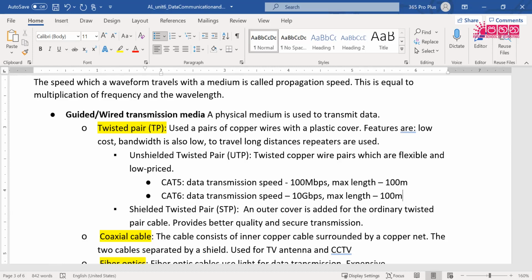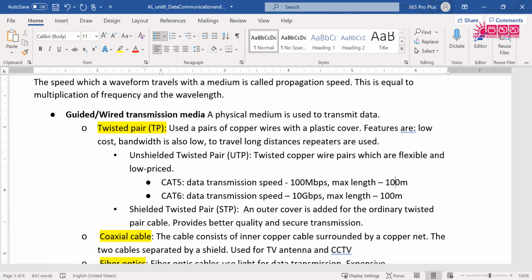Now usage is, Cat5 cables usually use Ethernet, right? And Cat6 is gigabit Ethernet.